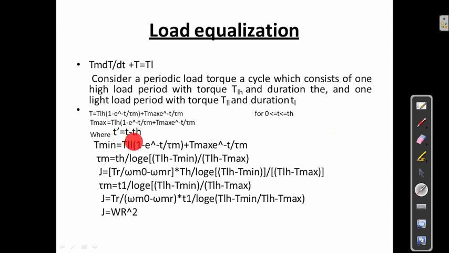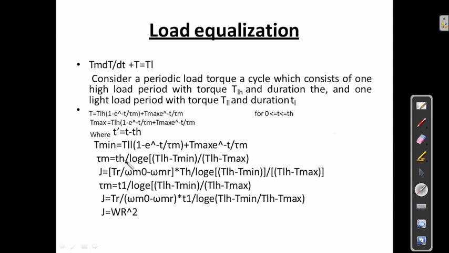Then, with t' = t − th, Tmin = TLL(1 − e^(−t'/τm)) + Tmax e^(−t'/τm). Here τm = th / loge[(TLH − Tmin)/(TLH − Tmax)].